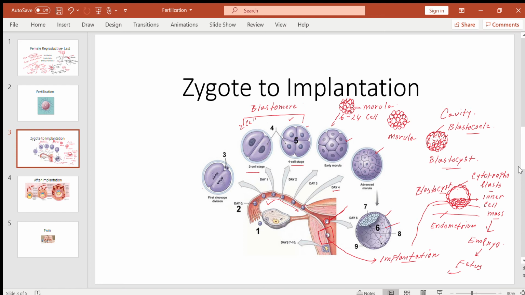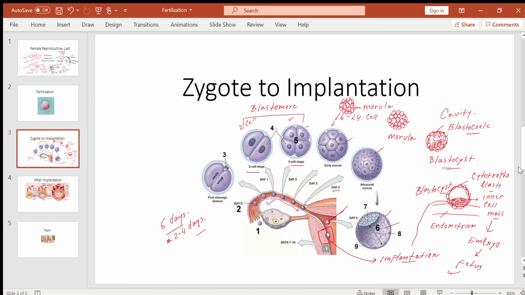So you see here this blastocyst, it takes about 6 days to enter into the uterus, okay, and then another 2 to 4 days to get implanted. So after it enters into the uterus, it takes another 2 to 4 days to get attached to the endometrium.